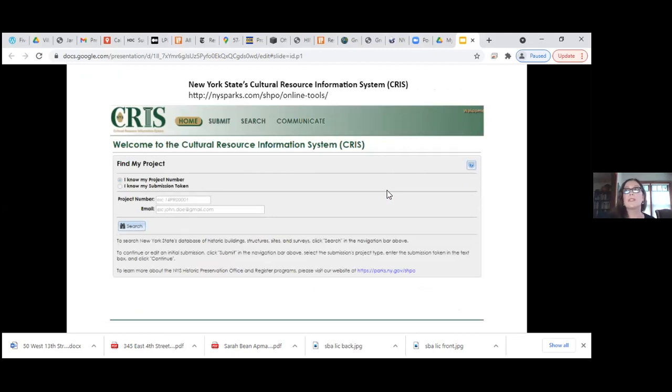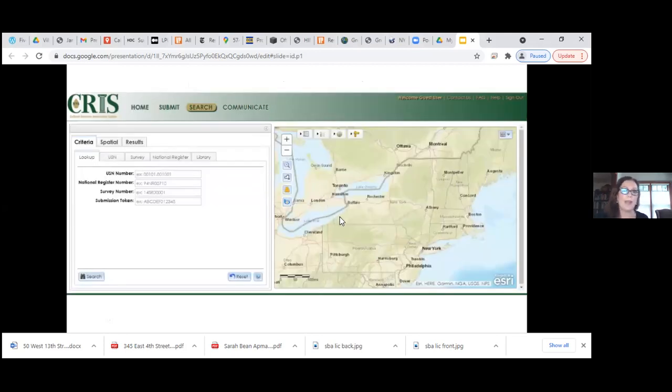The building or site could have been documented for any number of reasons, including local structures or cultural resource surveys, environmental reviews. They could also be listed on the State and National Register of Historic Places, within a district, or deemed eligible for listing. So when you get to this page, you click on search and it takes you to this page. So you can zoom in on your particular site.